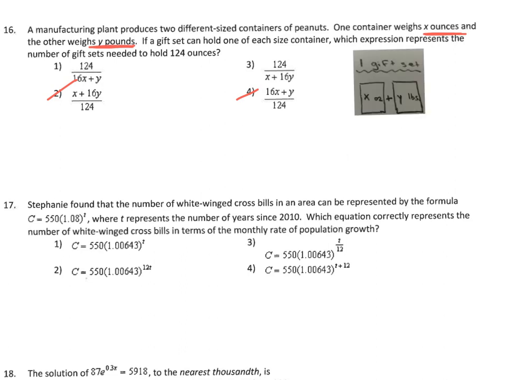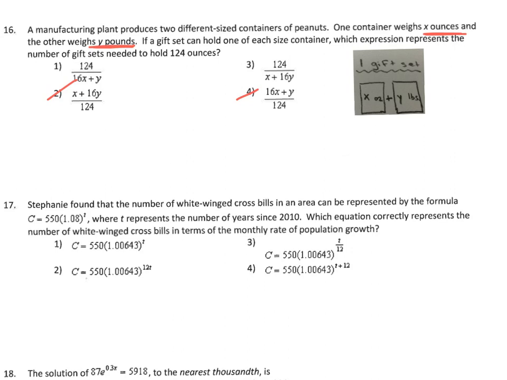So it tells us that a gift set can hold 1 container of each size. So it can hold a container of X ounces and a container of Y pounds. Now, because these are in different units, we're going to need to convert them to the same units. That way we can figure out what we're going to need to divide the 124 by.